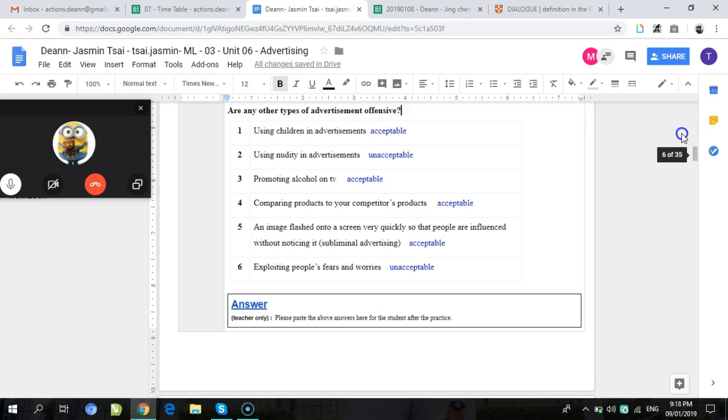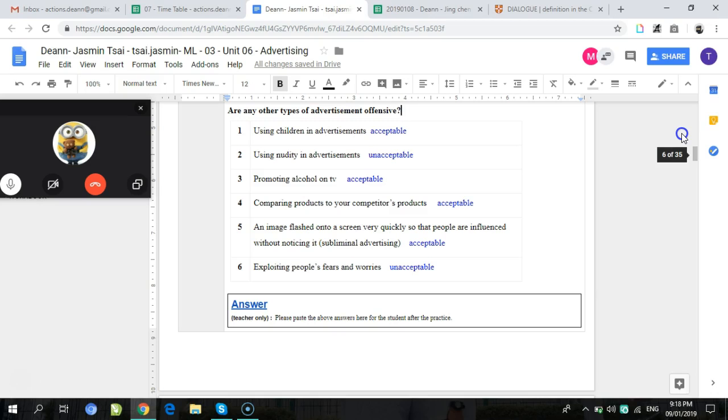If the advertisements are of toys and there are only toys in the advertisement, then people will think, oh, okay, that is new toys.